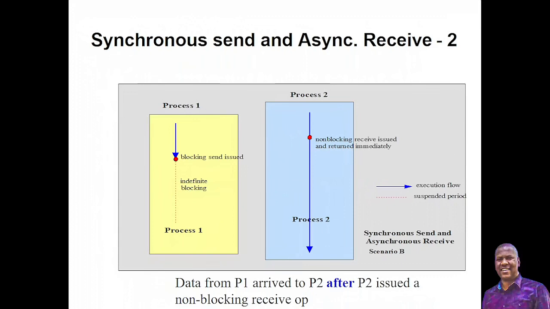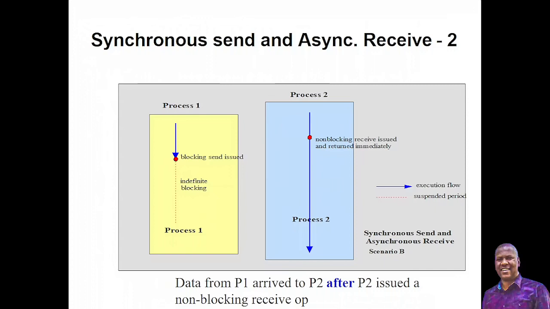We can also look at the other option, where we have synchronous send and synchronous receive. Here data from P1 arrived at P2 after process 2 issued a non-blocking receive.